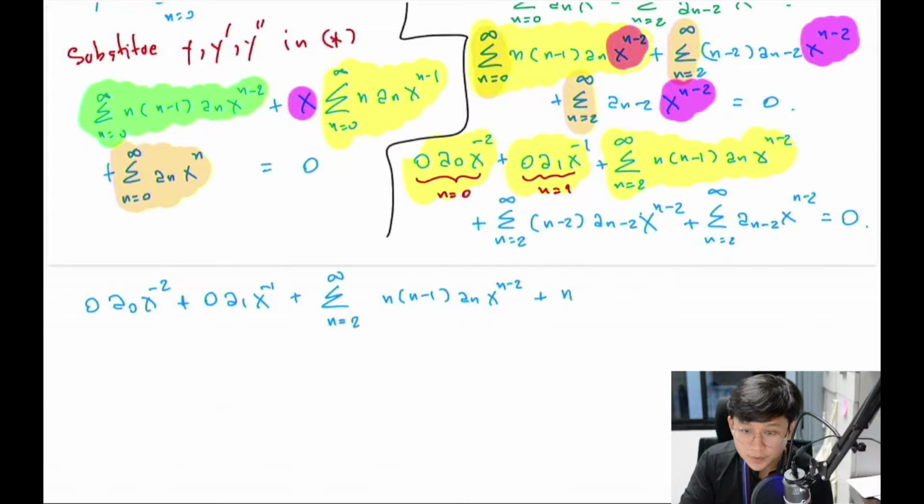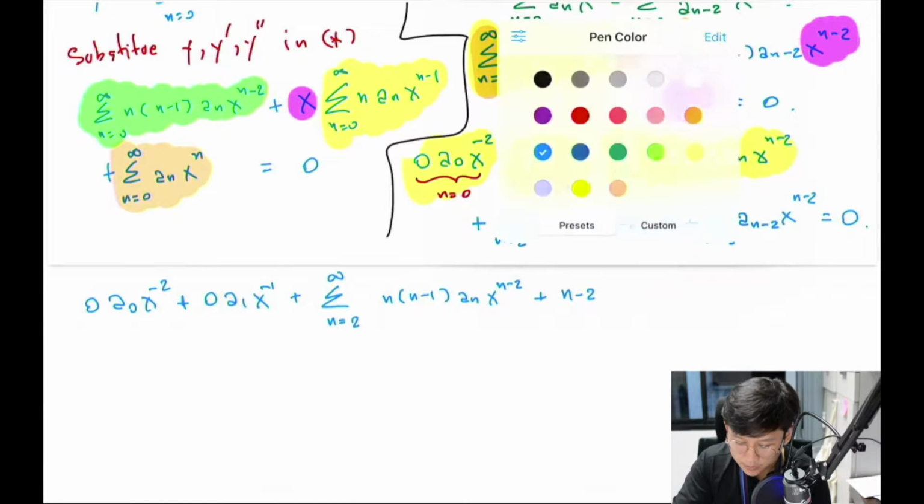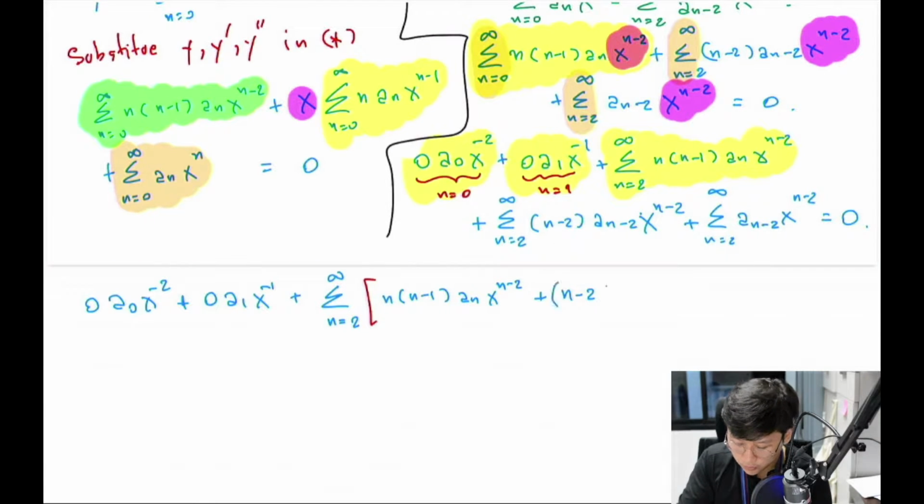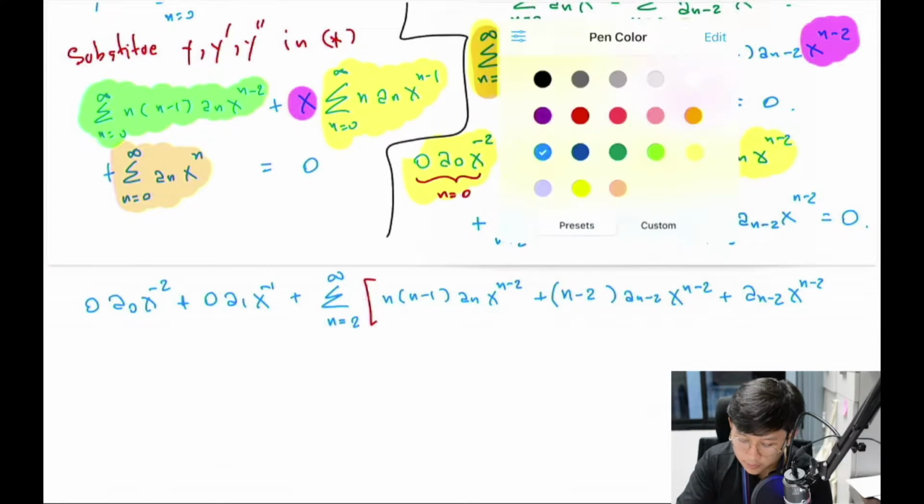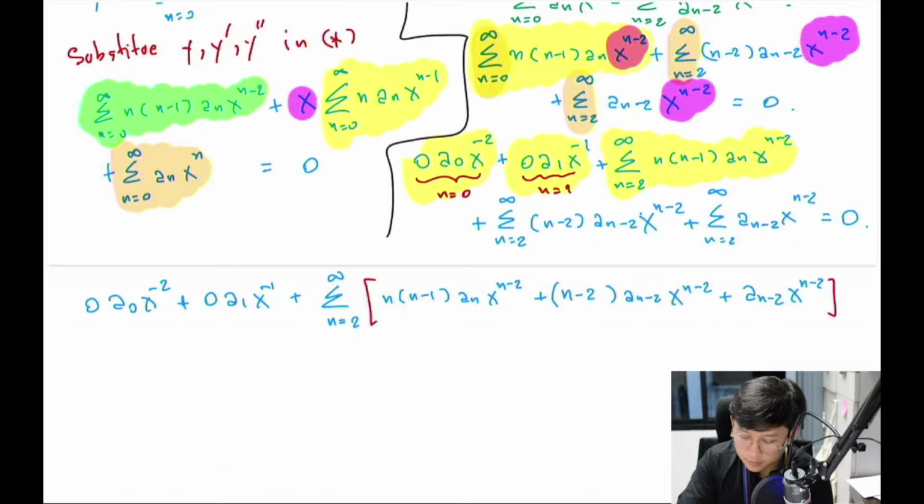Plus n minus 2, okay, there's a big bracket here, so (n minus 2) a_{n-2} plus a_{n-2} x^{n-2} equals 0.